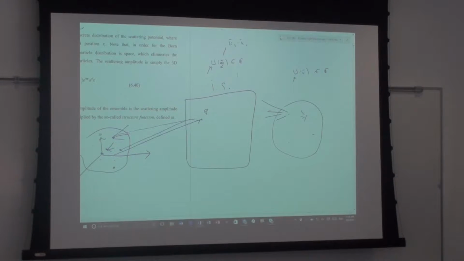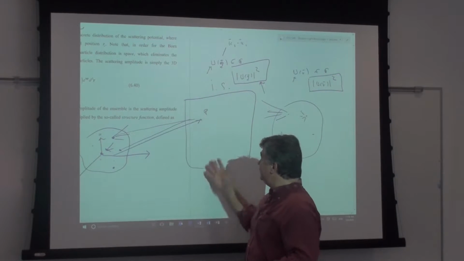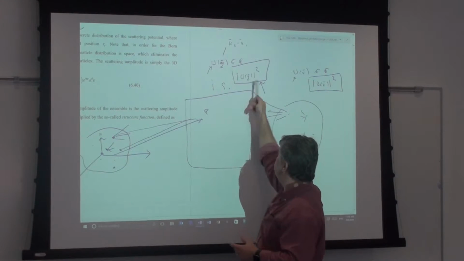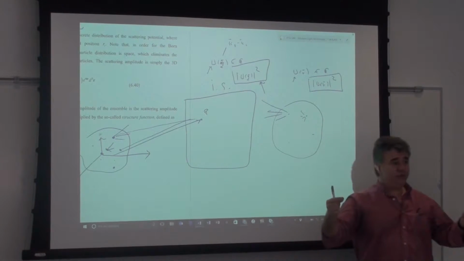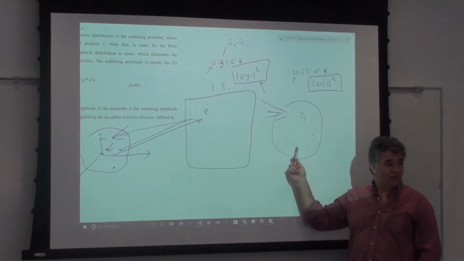I measure magnitude of U of Q squared, and here I measure magnitude of U of R squared. And that is the problem. If I only measure this, I won't be able to go back to an image plane. Okay? So if I put a detector here, my camera, and I get an intensity as a function of Q, I will not be able to generate an image out of it. Why?